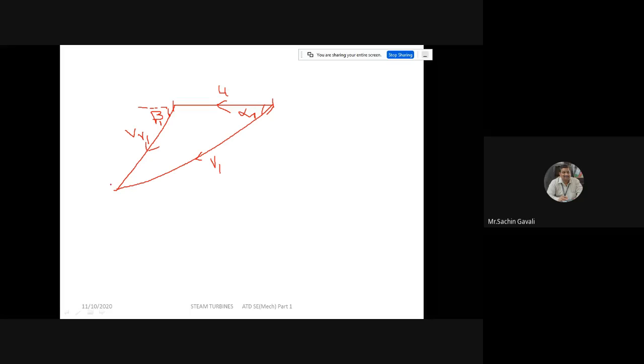If you draw a vertical line here and join, the vertical component is called VF1, the flow component of steam at inlet, and the horizontal component of V1 is called VW1.